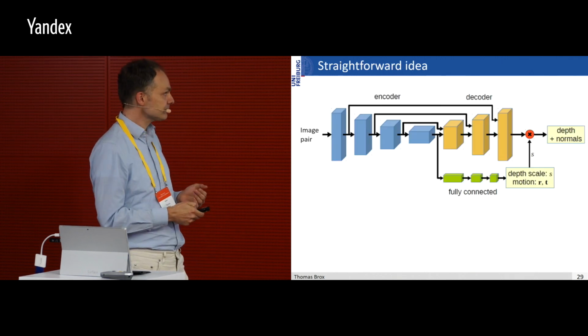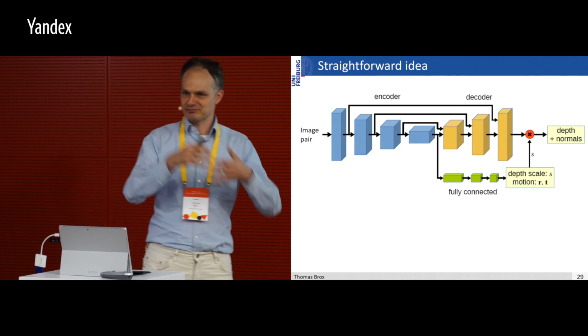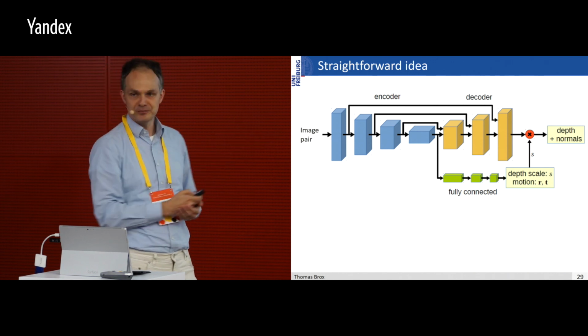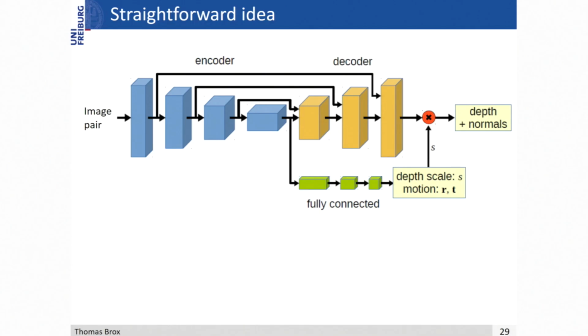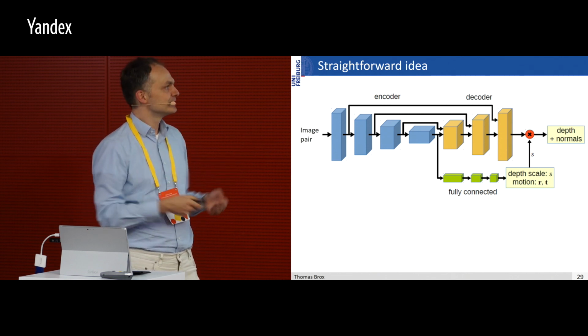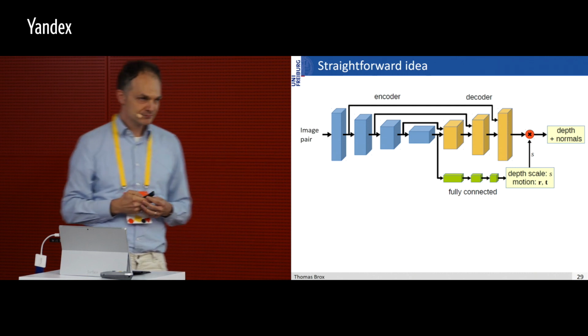A straightforward idea that we tried and everyone would have tried, is to just use this encoder-decoder network for the depth prediction. And yeah, you would then use the features from the bottleneck and put some fully connected network on top to get the ego motion, and then combine this here, and then train the network on some loss on the ego motion and the depth map.